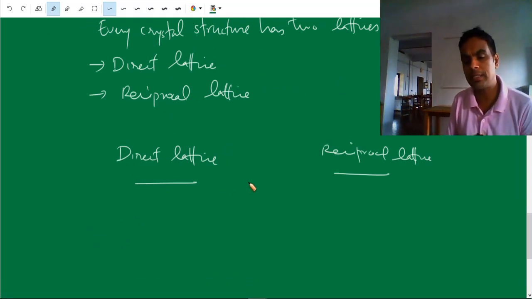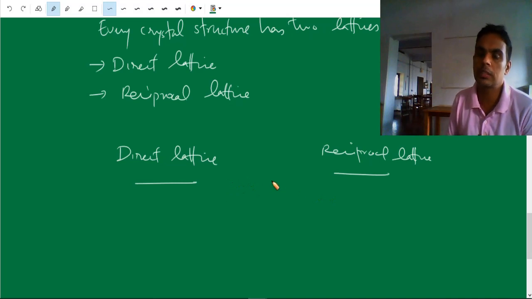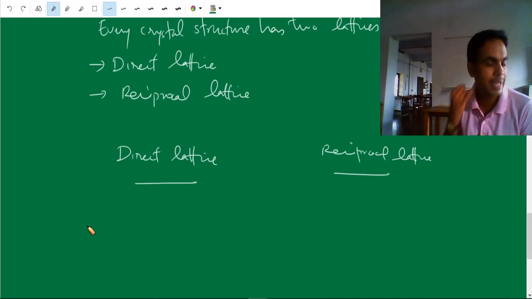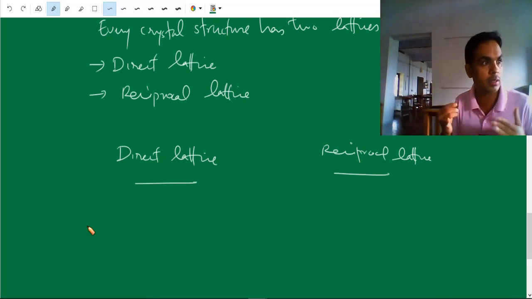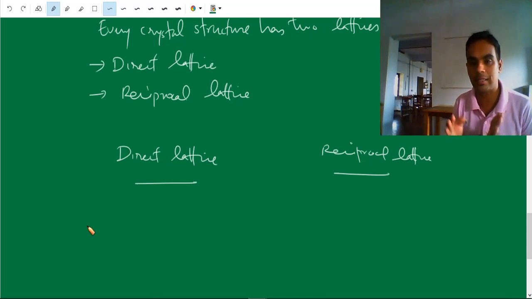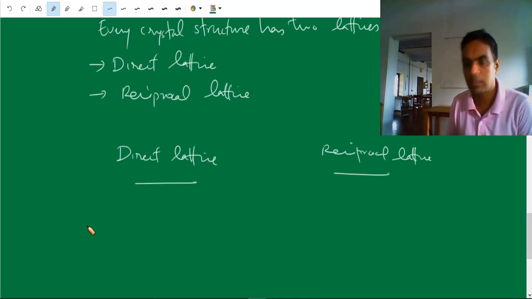The diffraction pattern is actually a map of the reciprocal lattice, whereas the microscope image is the map of the direct lattice. So if we see a microscopic image of a crystal, that is the map of the direct lattice, and the diffraction pattern gives the map of the reciprocal lattice.